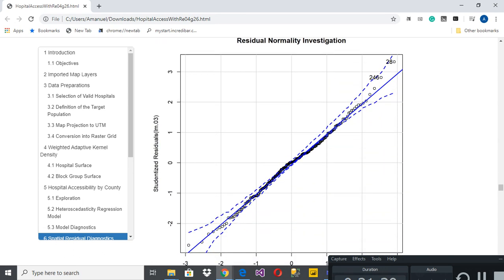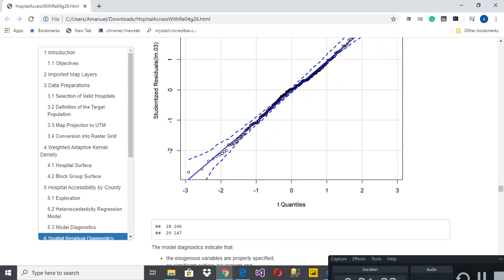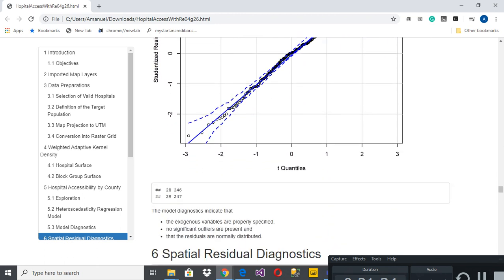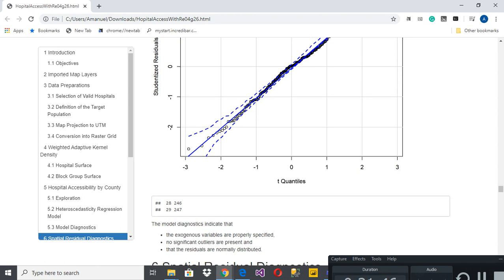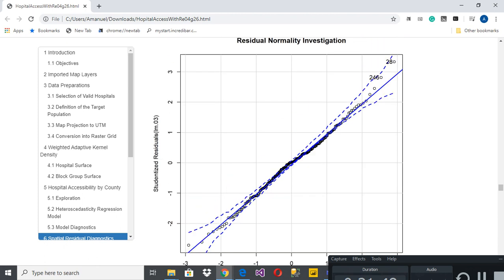And this map shows the residual normality investigation. So the exogenous variables are properly specified, there are no significant outliers present, and the residuals are normally distributed.